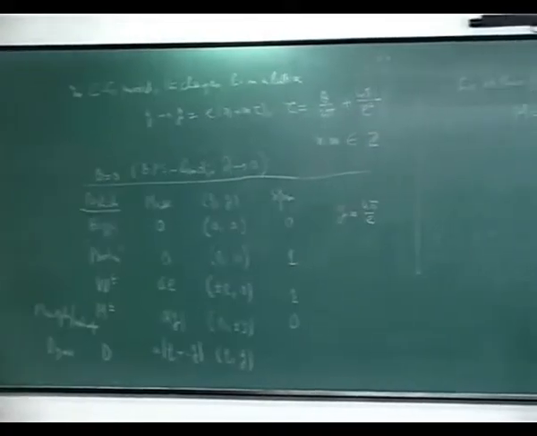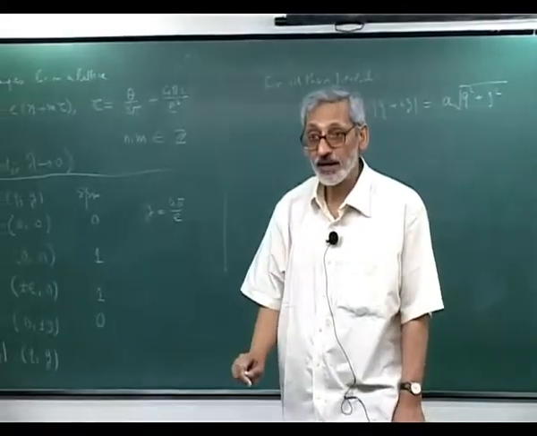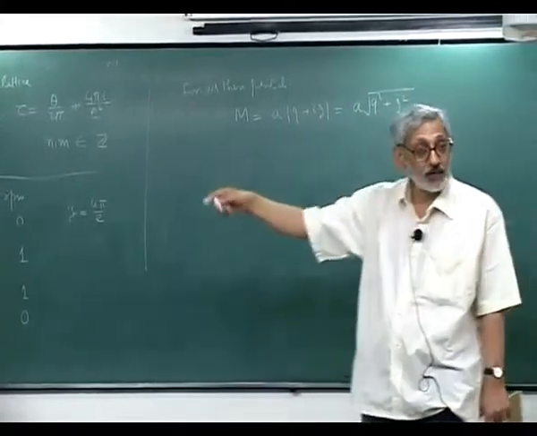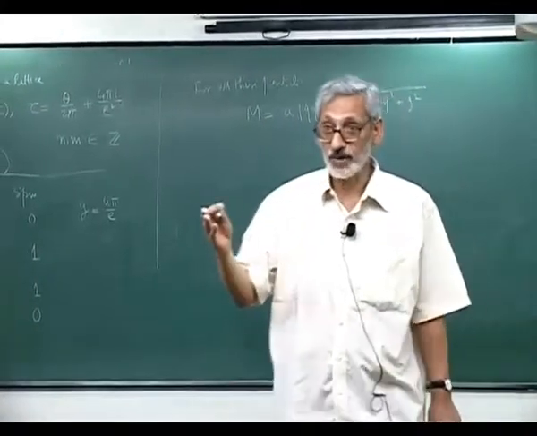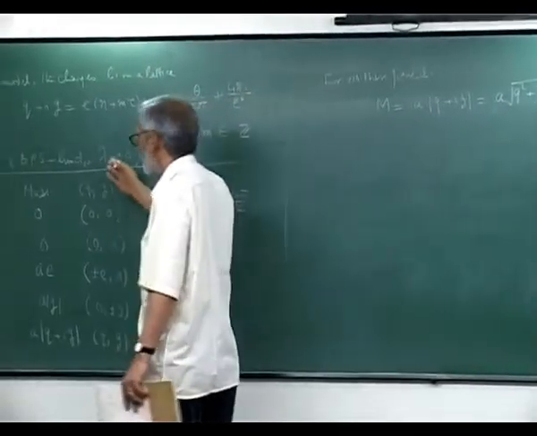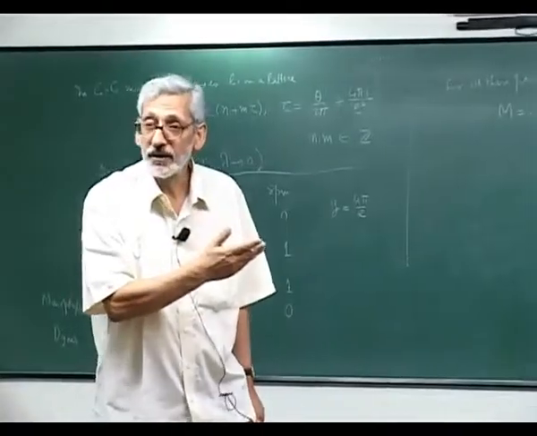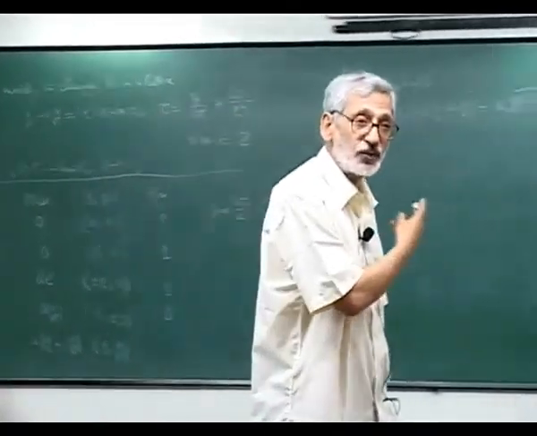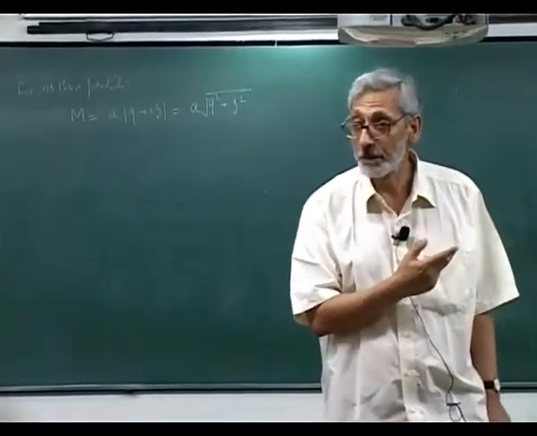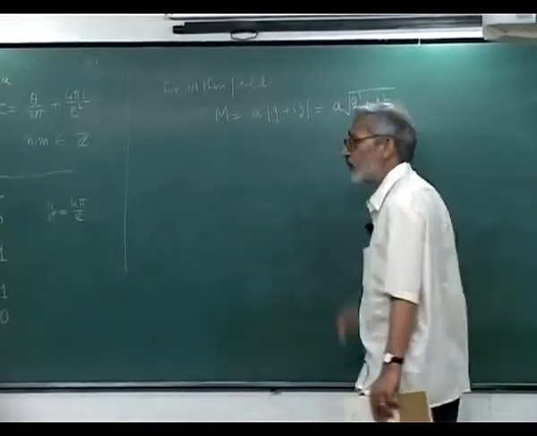So in the BPS limit, these are BPS states, and the mass is always given by this formula, which is the saturation limit of the mass formula. If I did not have the BPS limit, which means if V of phi were not equal to 0, then the mass would have been greater than this. But in the BPS limit, the mass is given exactly by this formula.